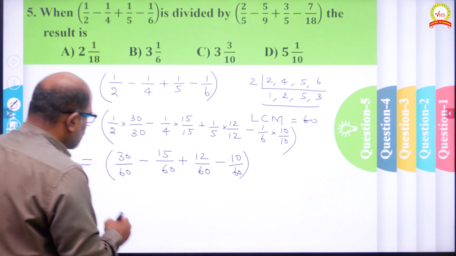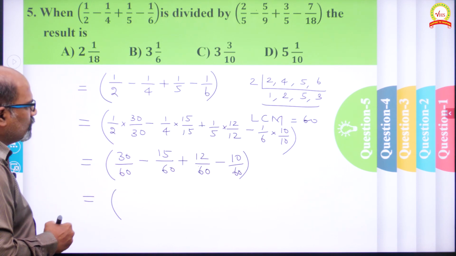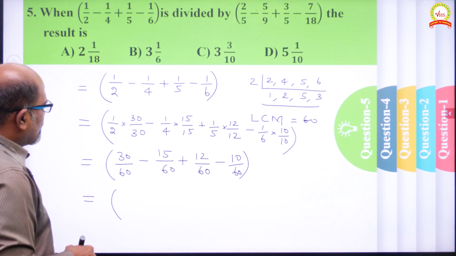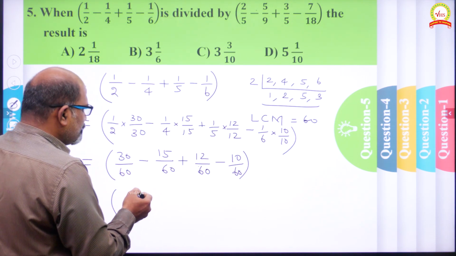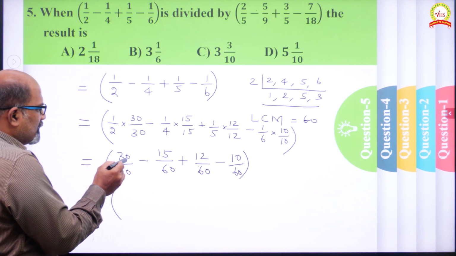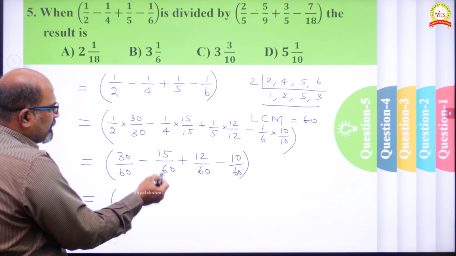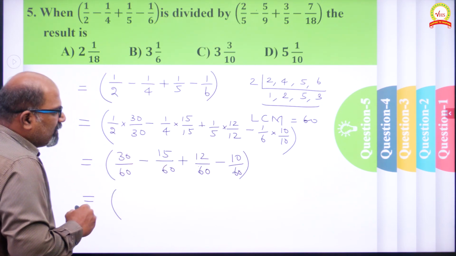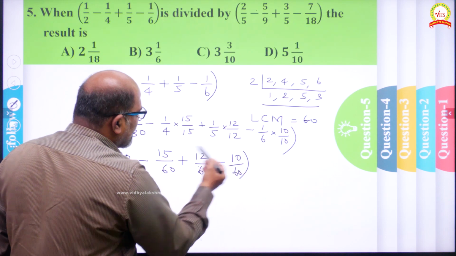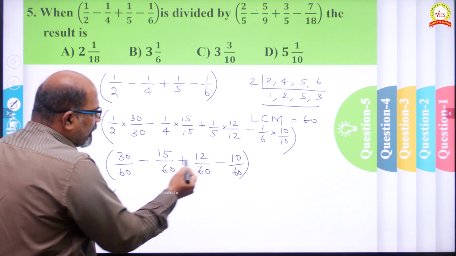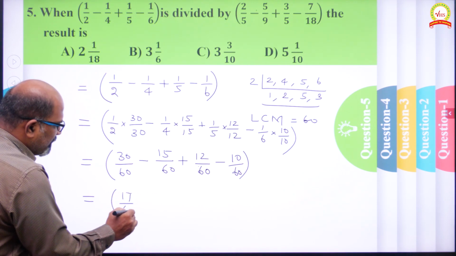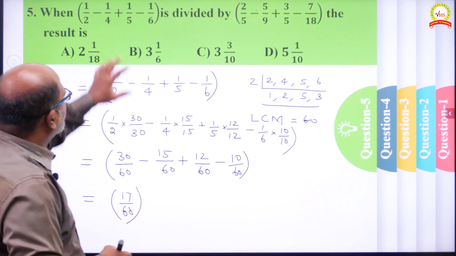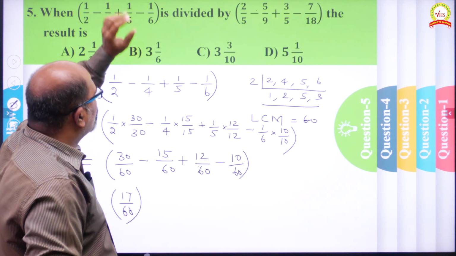We can see 30 by 60, and minus 15. 30 minus 15 is 15. 15 by 60. 15 minus 10 we have 5. 5 plus 12 is 17. So 17 by 60 we have for the numerator part.